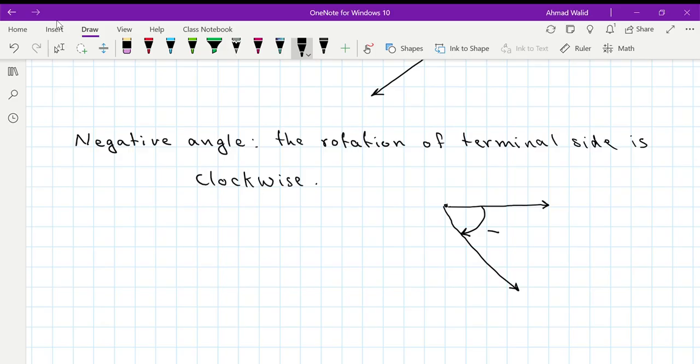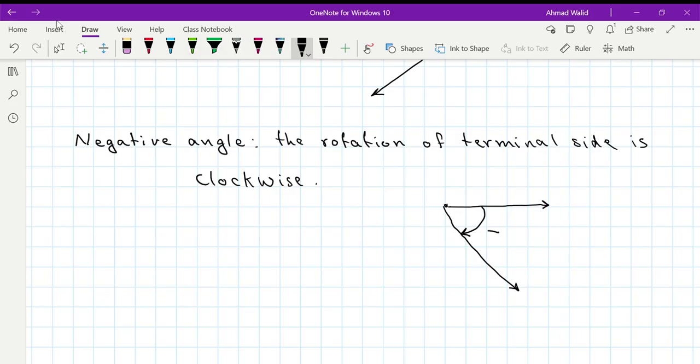Now, after you know what is a positive angle and what is a negative angle, of course we will talk about angles classified by their measure. Some of them, not all of them.